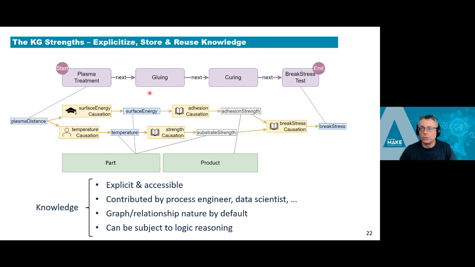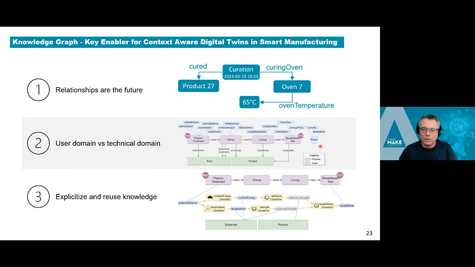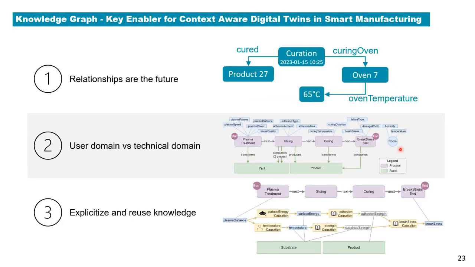And the red arrow that you saw here, that's something that the knowledge graph can derive. If it sees all those links, the knowledge graph can also say, but there is an influence between plasma distance and the break stress. And it can answer questions like, can you give me all properties that are influential for the break stress? So as a conclusion, these for us are the 3 main points about the strength of a knowledge graph in realizing such context-aware digital twins.